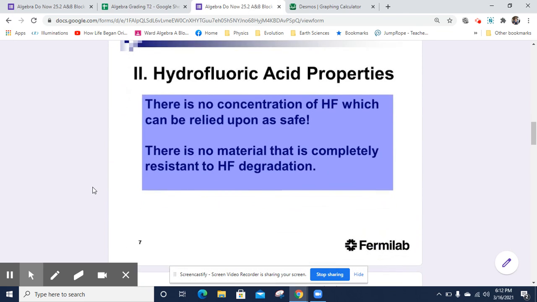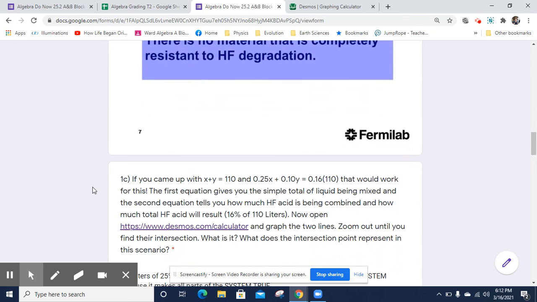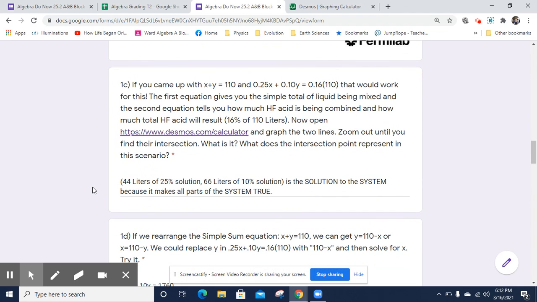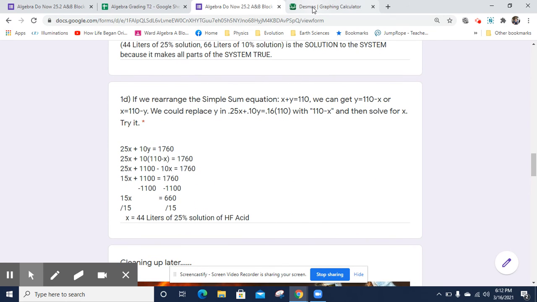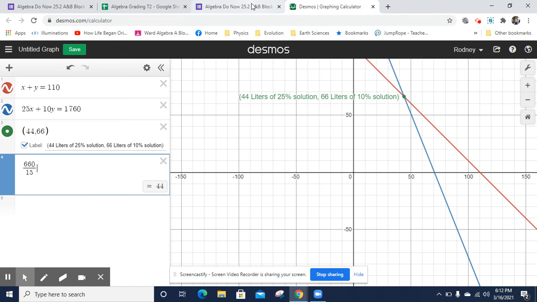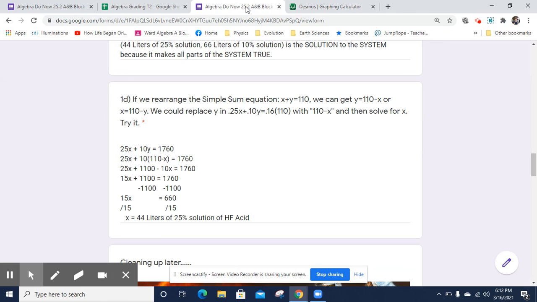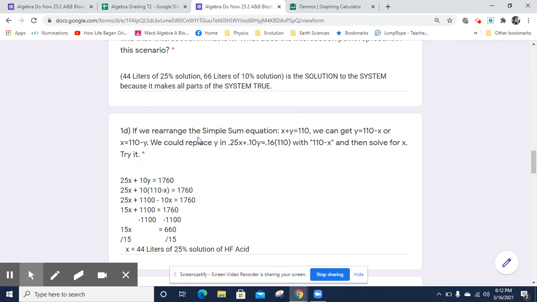We learned that hydrofluoric acid is never safe and cannot be contained permanently. However, when we graphed it, we got this lovely intersection right here, and it gave us the solution. And then we used this tool called substitution.